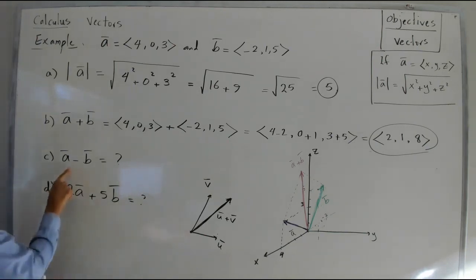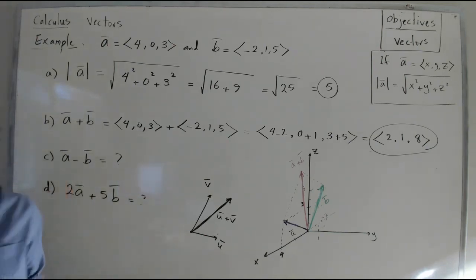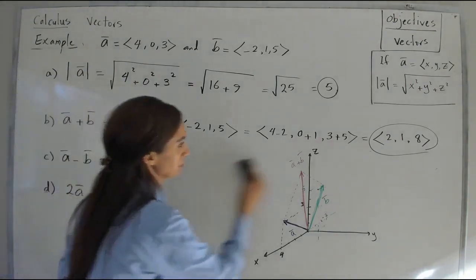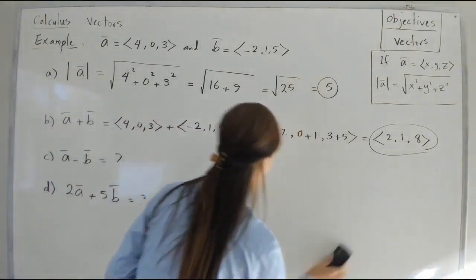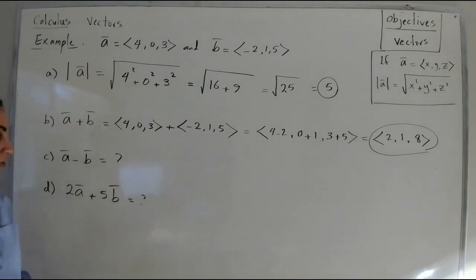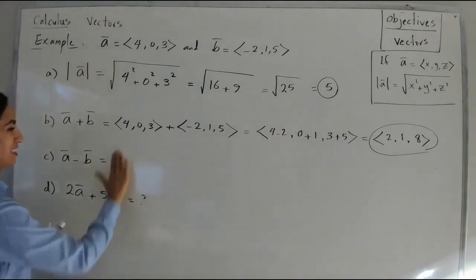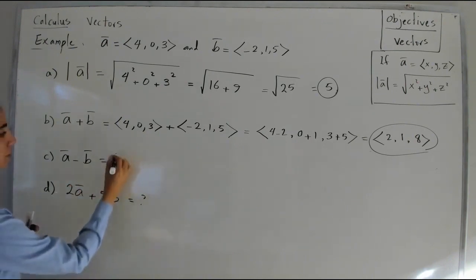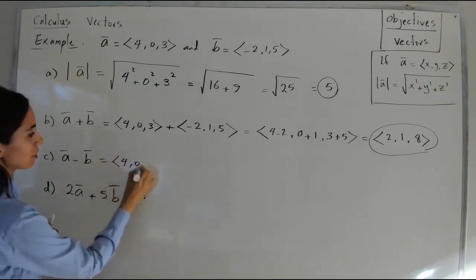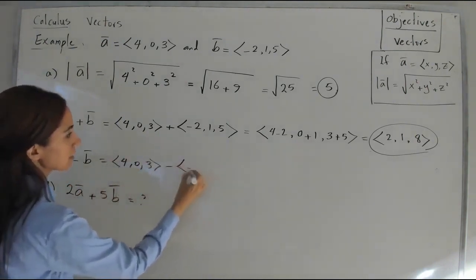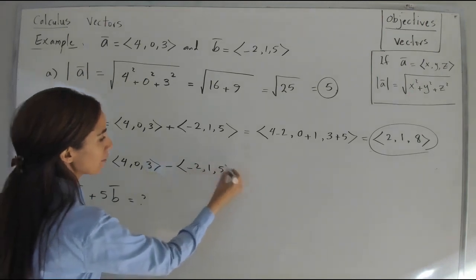Very well. What about the subtraction between these two vectors? For the subtraction, as you remember, we're going to subtract the components correspondingly. So here we have 4, 0, 3 minus negative 2, 1, and 5.